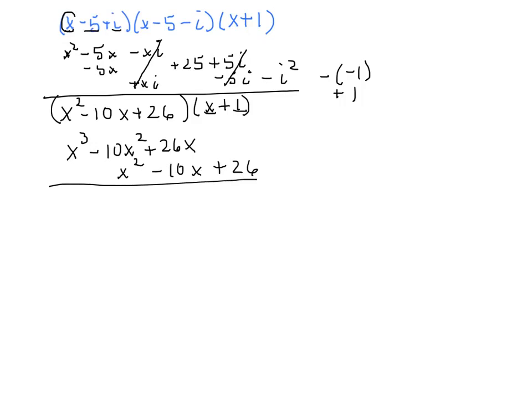Combine my like terms: x cubed minus 9x squared plus 16x plus 26. This is the function that they started with. I'm just checking my answer to make sure I got the same thing that they did, yep.